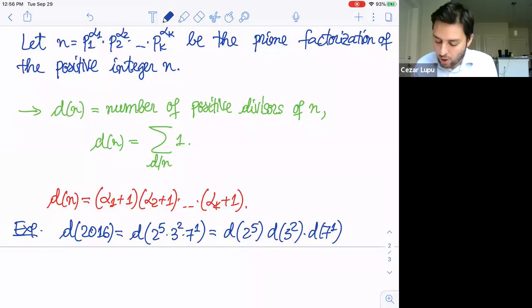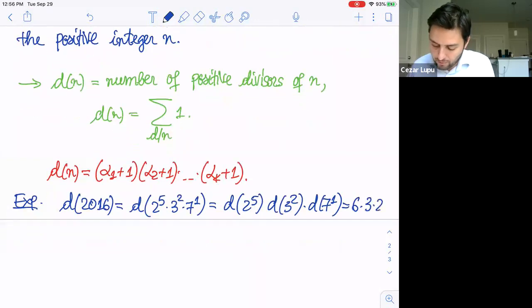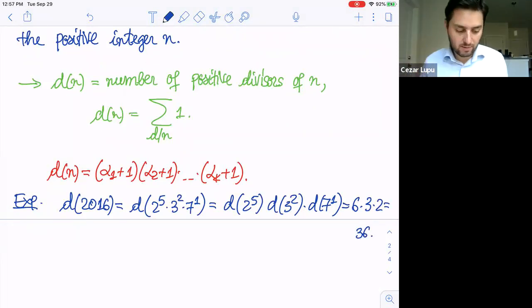The 2 to the 5th has divisors 1, 2, 2 squared, 2 cubed, 2 to the 4th, 2 to the 5th. There are 6 of them, so 6 times 3 times 2, which gives us 36. And 7 has 1 and 7, so it has 2.